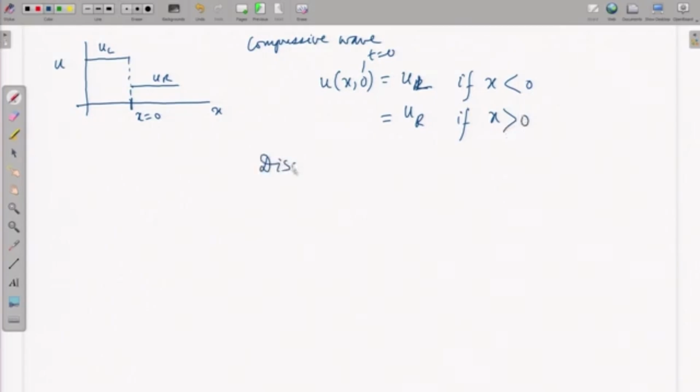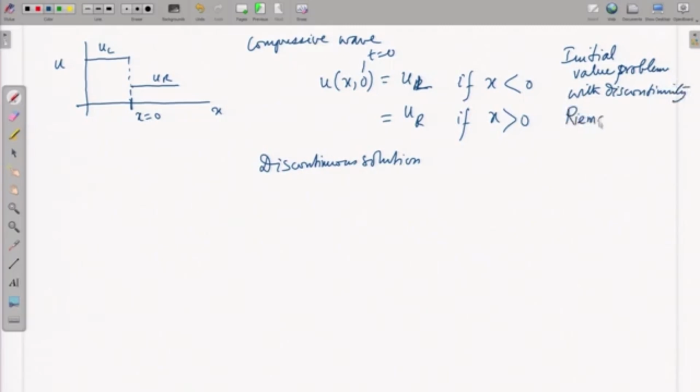And the discontinuous solution for this initial value problem. So, these are initial values that you have imposed. So, this is an initial value problem with discontinuity, and if you impose such discontinuities, we often say this is a Riemann problem.